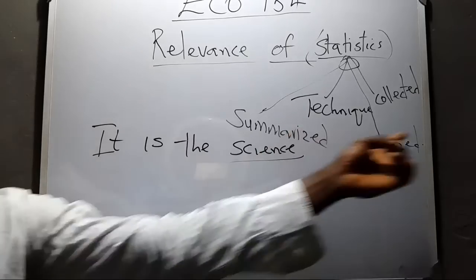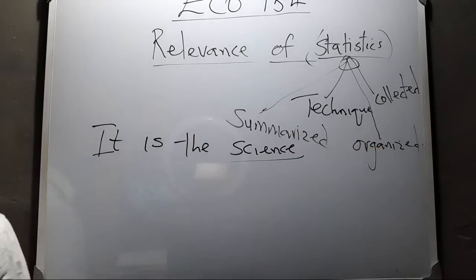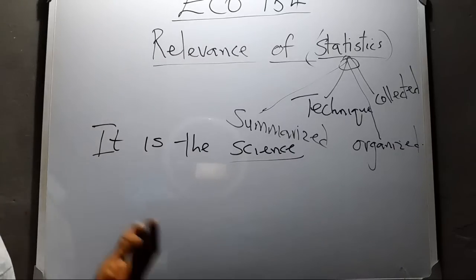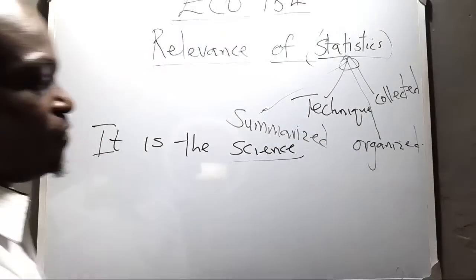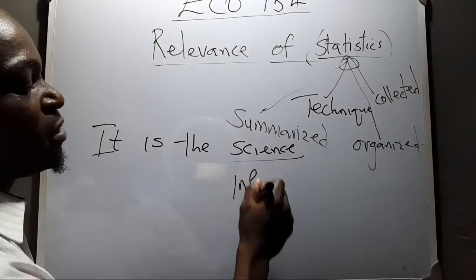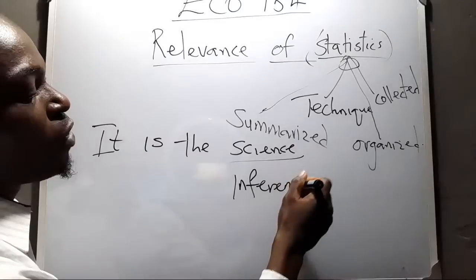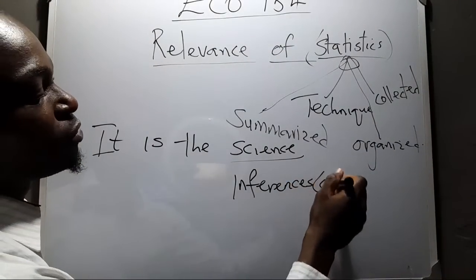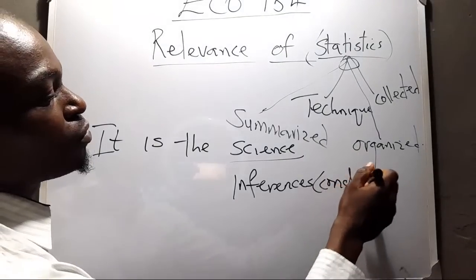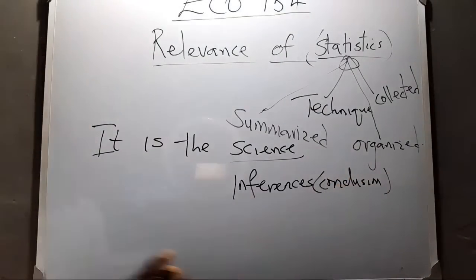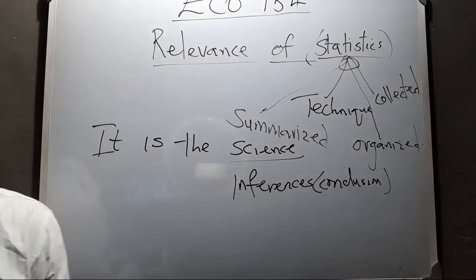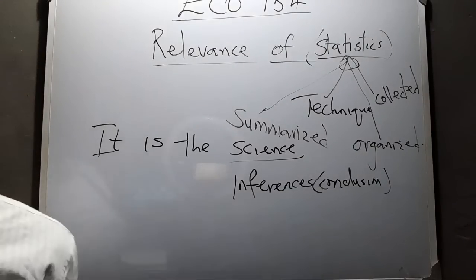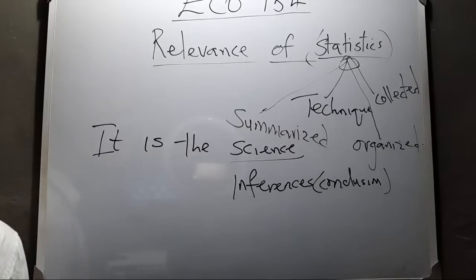I mentioned that: collecting information, summarizing information, and analyzing information in order to draw inferences. When I say inferences, I mean in order to draw conclusions, and that is what statistics is all about.